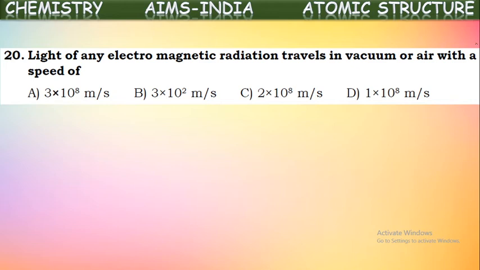What is the velocity of light? 3 into 10 to the power of 8 meters per second, or 3 into 10 to the power of 10 centimeters per second. Which of these is given in terms of meters per second? So it will be 3 into 10 to the power of 8 meters per second. It is the correct answer.